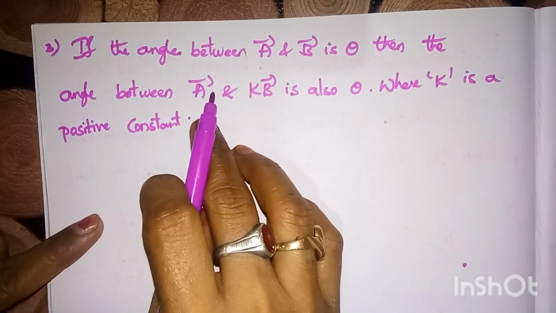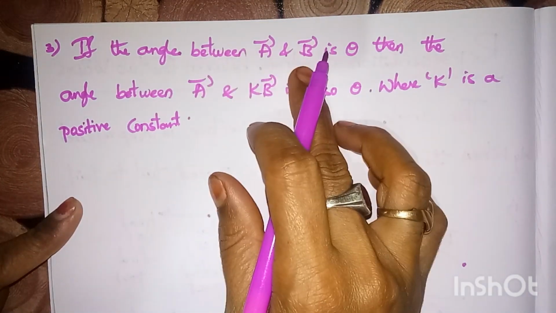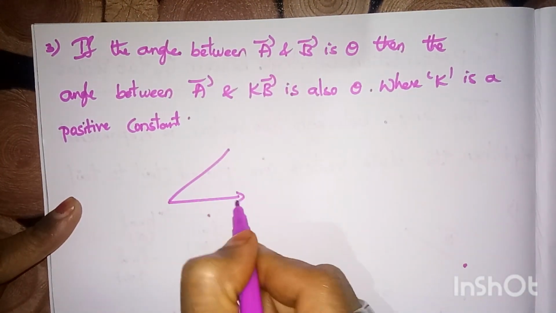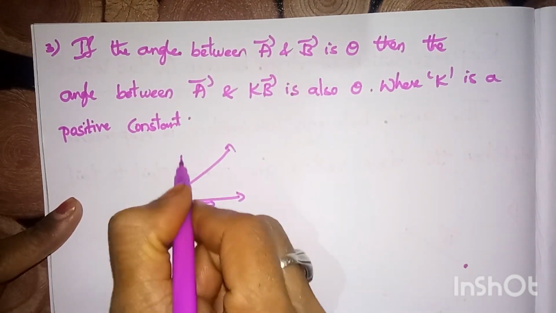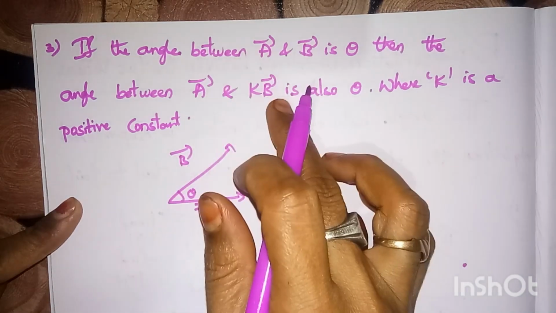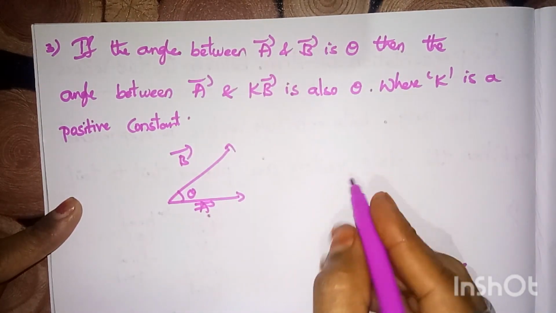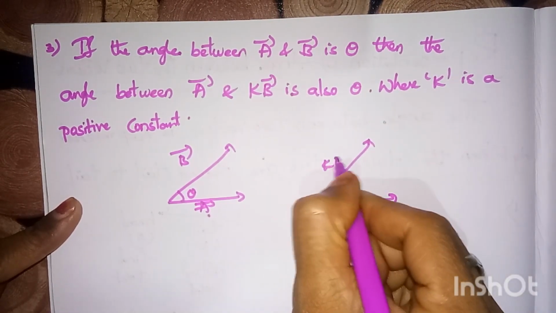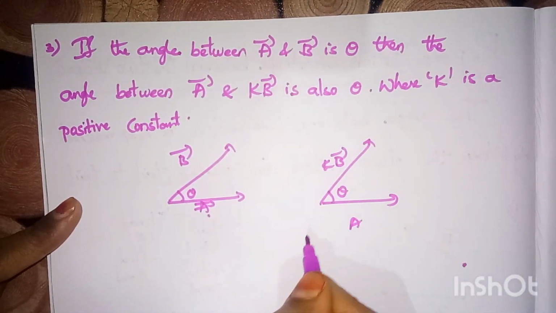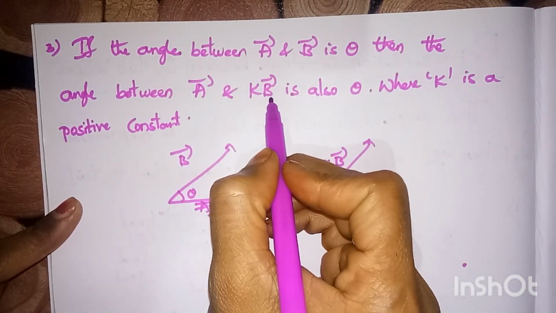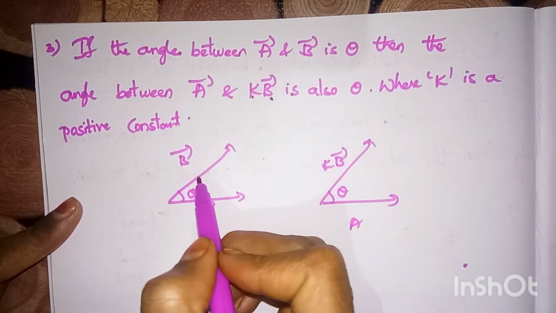Another example: if the angle between a bar and b bar is theta, they said that the angle between a bar and b bar is theta, and the angle between a bar and k b bar is also theta, where k is a positive constant. Here the vector b bar is multiplied with a positive constant.